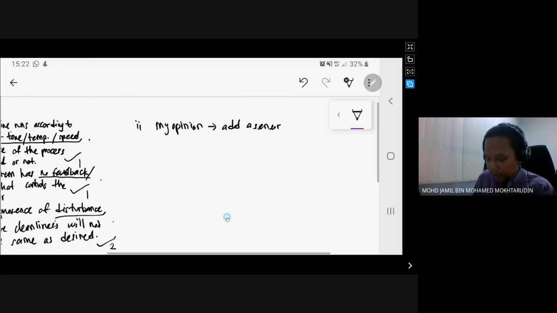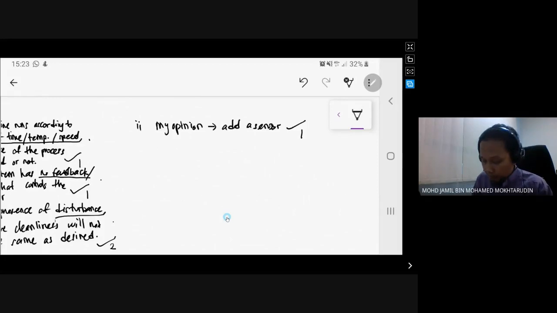You can give an example of the sensor that you want, or you can just say add a sensor. To make the system closed loop, you can say add a sensor or add a feedback, something that compares the output with the input. If you have the words add a sensor, or add a feedback, or add some mechanism that compares output with input, you get 1 mark.